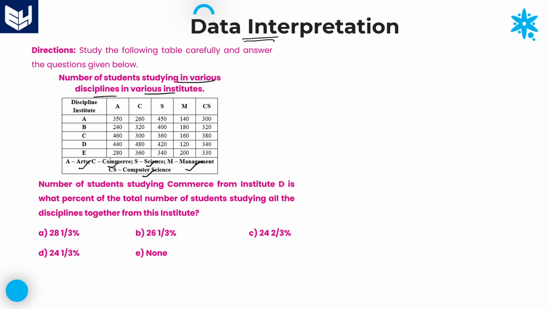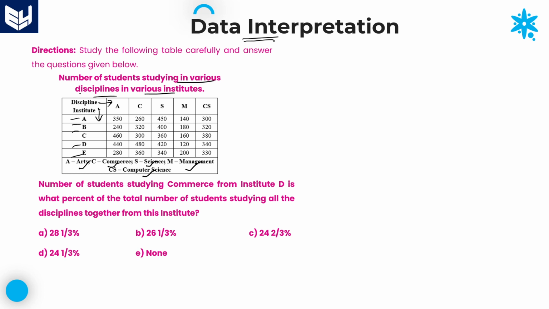These are the 5 different disciplines and the institutes are A, B, C, D, E. These are the 5 different institutes and all these values within the table are numbers of students. 350, 240, 460, all these values are numbers of students studying in those respective disciplines and from the respective institutes. That is the given information.